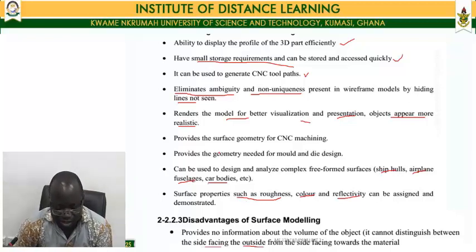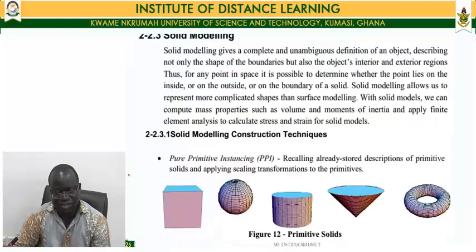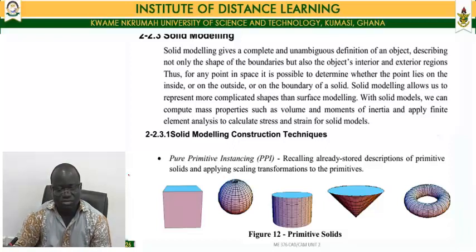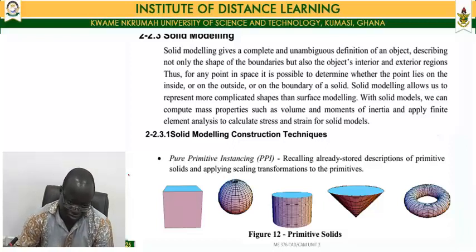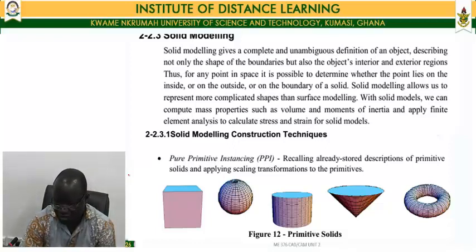Okay. Then we come to the third one. So we've done the wireframe and surface model. That is two geometric modeling techniques. The third technique is the solid modeling technique. Now, the solid model representation gives you a complete, unambiguous definition of the object.